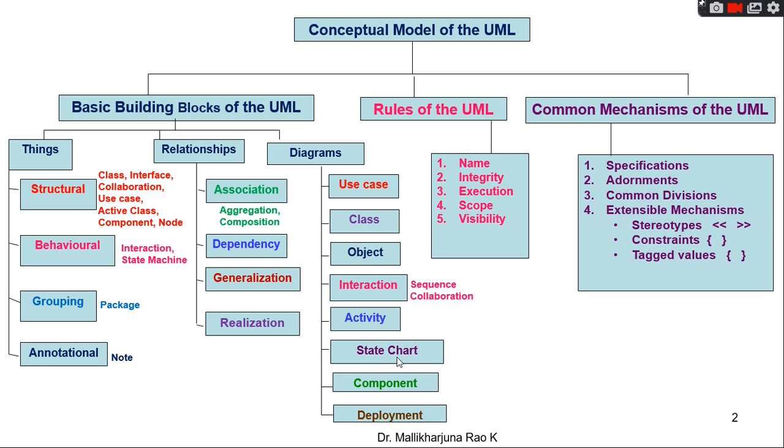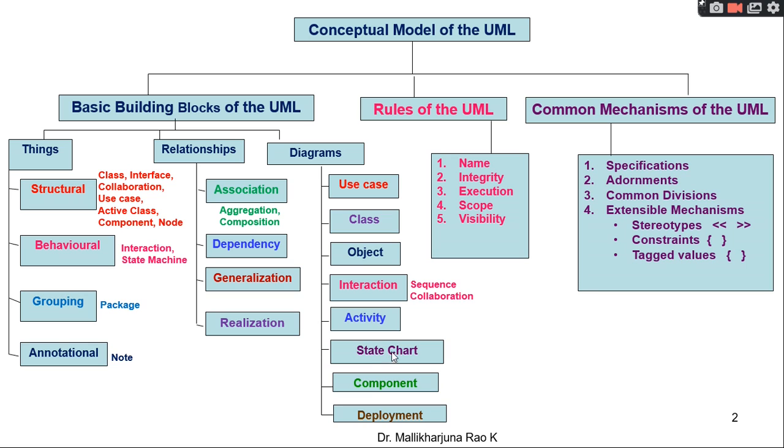Next comes the state chart diagram. The state chart diagram is useful to model a particular object and its various states, that is, how one object responds to various inputs during its lifetime.